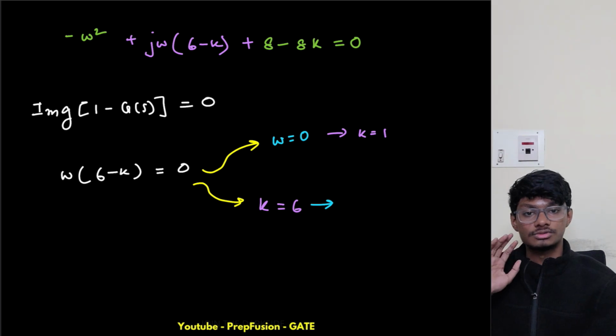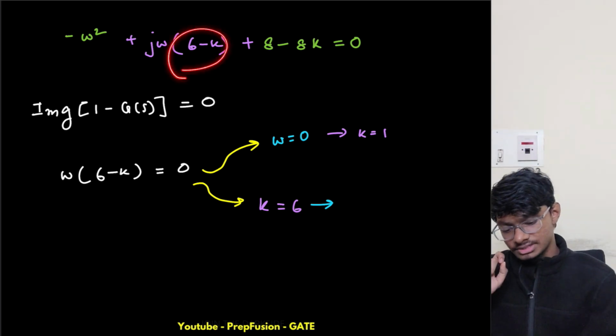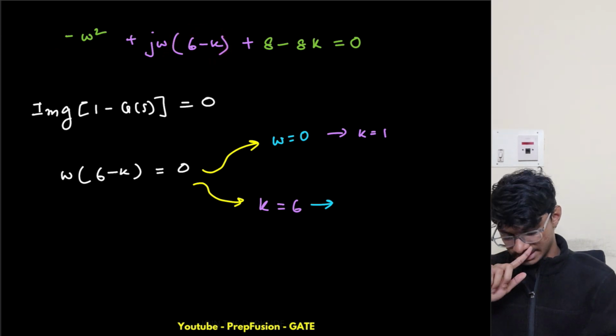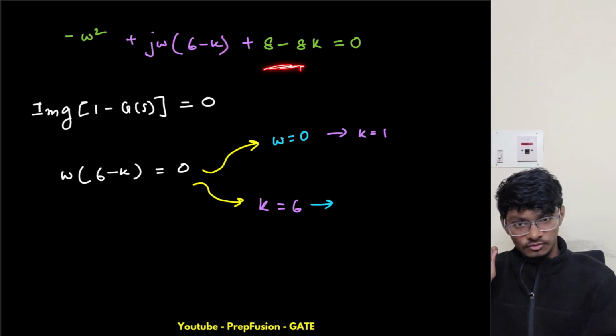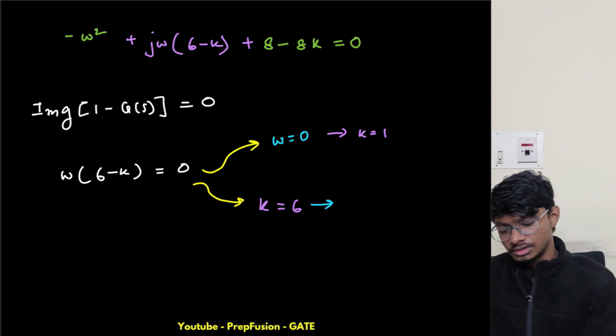Now if my k is equal to 6, this becomes minus 40 and omega squared equals minus 40. Omega comes out to be plus minus j root 40, which is imaginary and not possible.